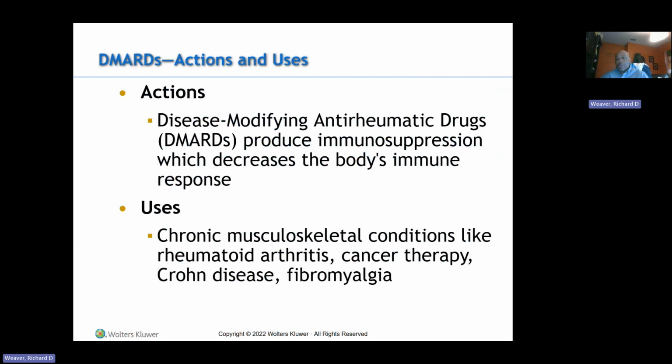We want, if anything, an antagonist or an inhibitor. We want to stop it. We want to stop that TNF, the tumor necrosis factor, from operating. Because the body's already getting beat up by this autoimmune condition, rheumatoid arthritis.